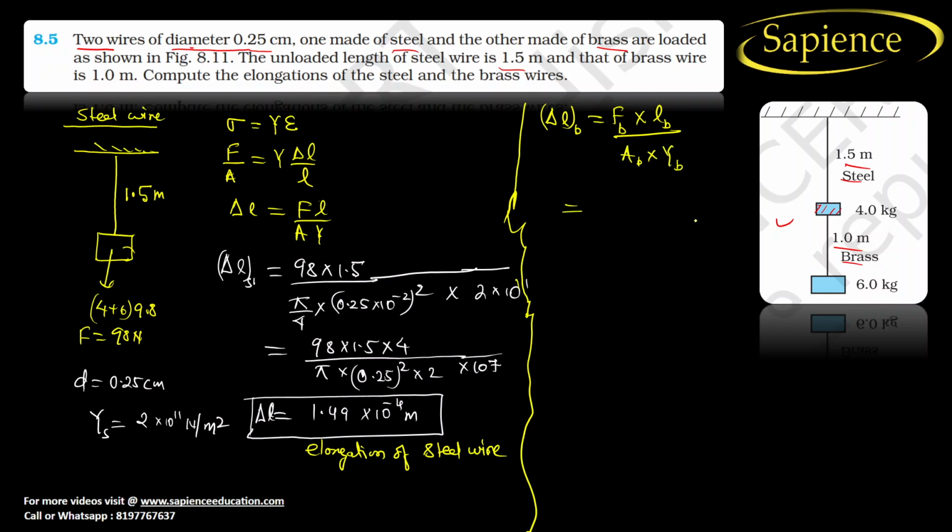For the force on the brass, if you see this brass, only the 6 kg load is acting here, so we need to put 6 into 9.8, into the length of the brass, which is 1 meter.